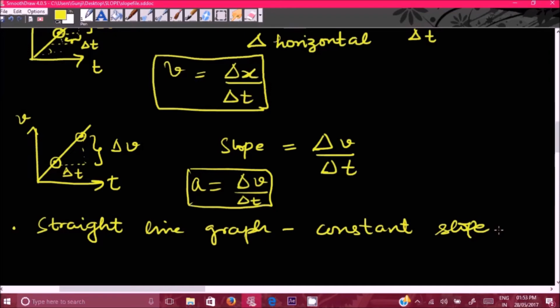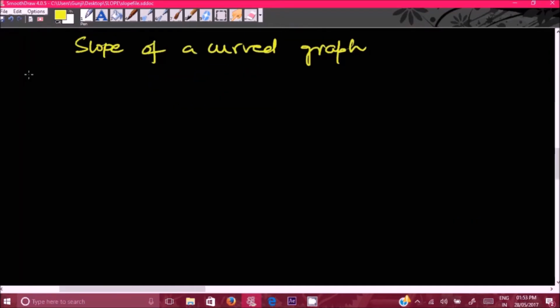So how do we find the slope of a graph which is a curved graph? Let's see. Suppose this is a y versus x graph. It's a curve. Notice that each and every point on this curve is at a different angle, different inclination with the horizontal axis. This one, smaller angle, larger angle, and it's getting steeper.